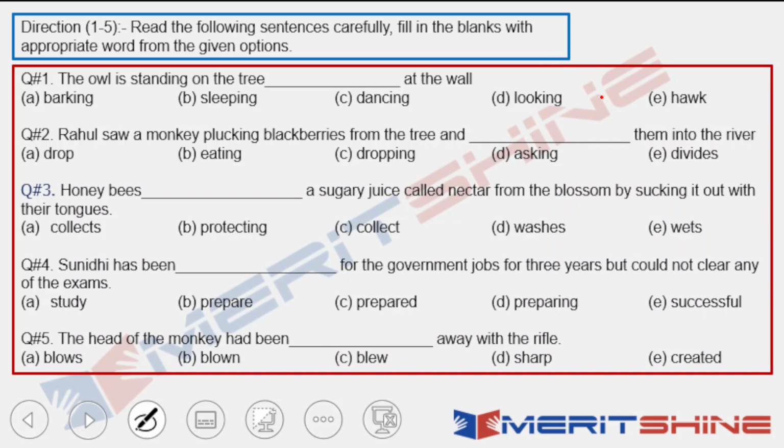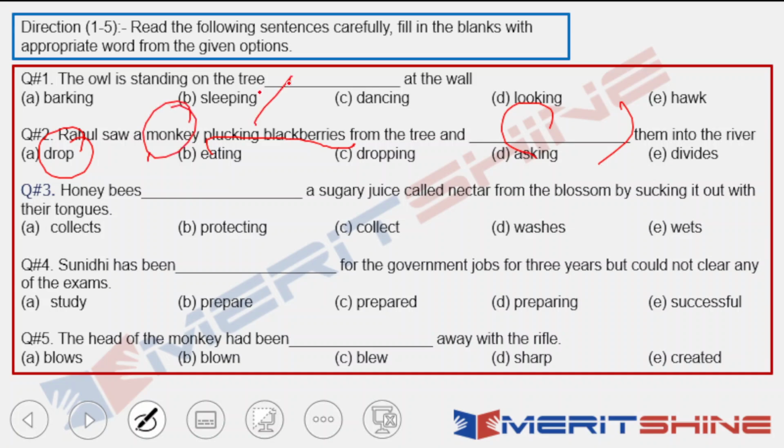Chalo, next. Rahul saw a monkey plucking blackberries from the tree and blank them into the river. So let's see, drop them into the river. Here there is one thing that we need to understand. The monkey is doing something.